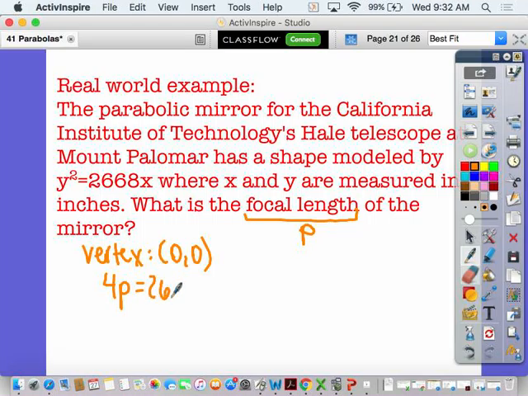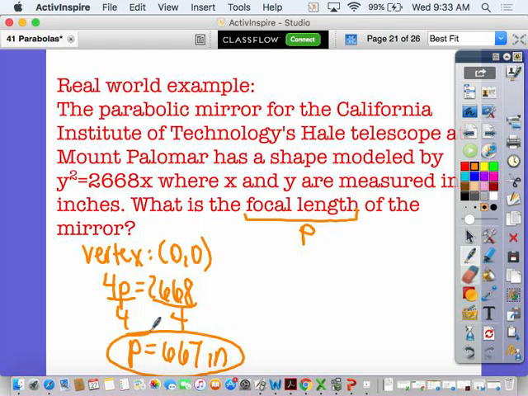That 2668 is equal to the 4p in our standard form, so we divide by 4, and we will get our focal length, which is 667 inches. That wasn't too complicated. It was just learning the terminology for what equals what.